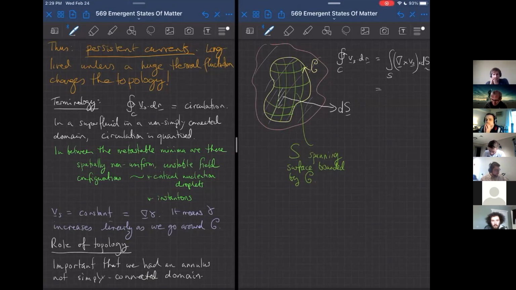Because this is a superfluid, curl V is equal to 0, and so this is equal to 0. So what we've learned is that the circulation must be 0 by Stokes' theorem.